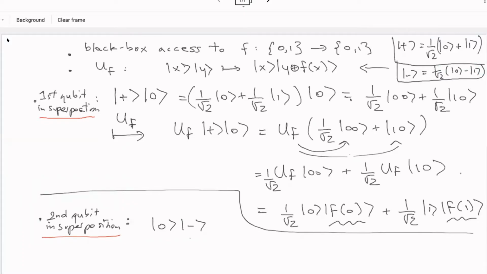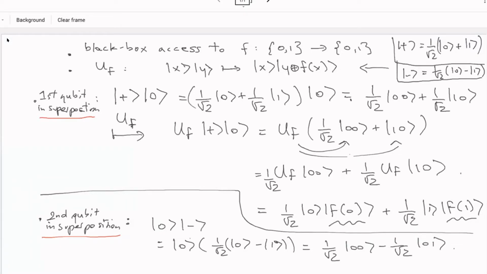Now this state is the same as, I can expand things out, 0, then 1 over square root of 2, 0 minus 1. If I apply the distributive property, this is going to be 1 over square root of 2, 0, 0, minus 1 over square root of 2, 0, 1. Okay.